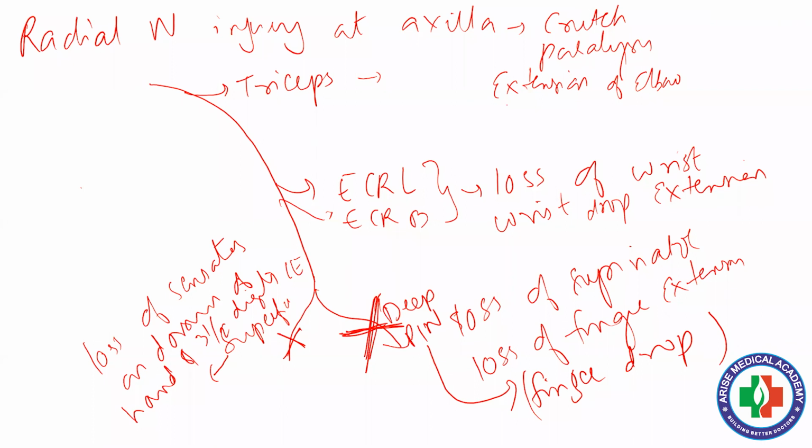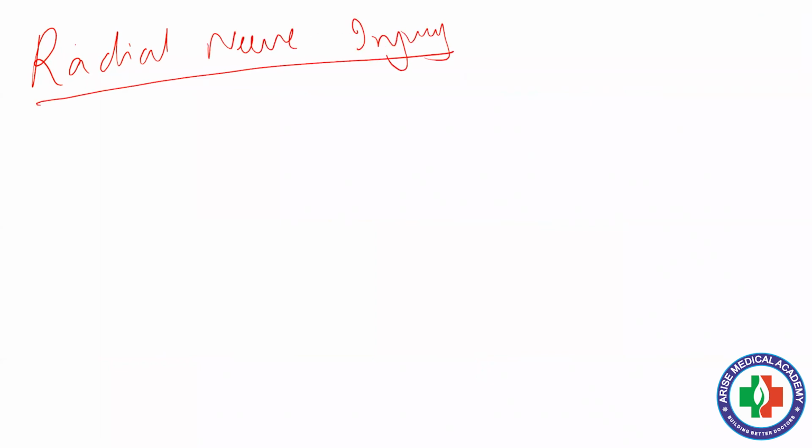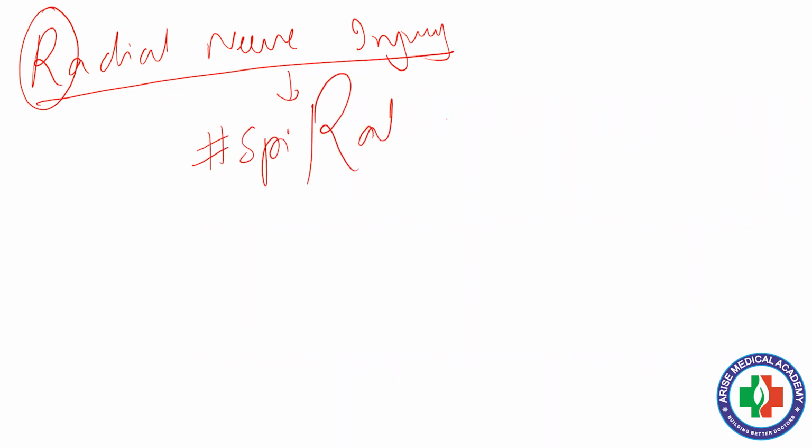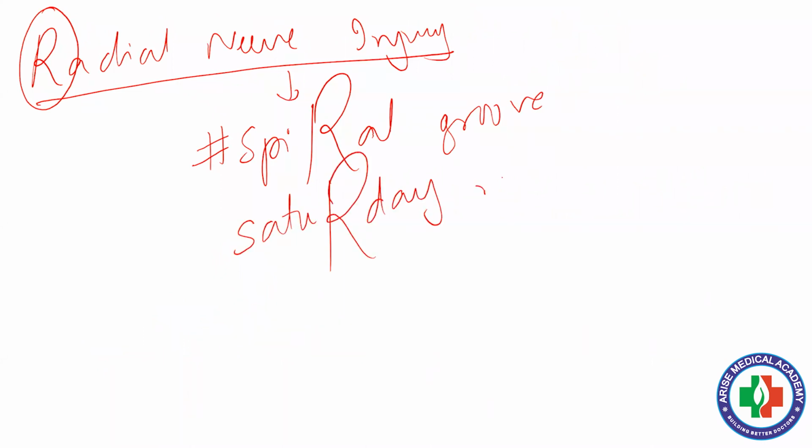Next thing. After this, lastly, I want you to sum up radial nerve like this. Radial nerve injury, this word R you remember. Radial nerve injury will occur in fracture spiral groove, will occur in Saturday night palsy.